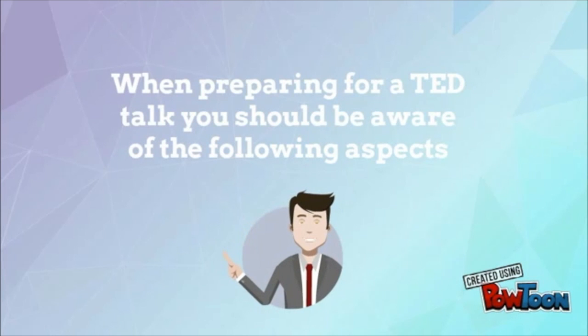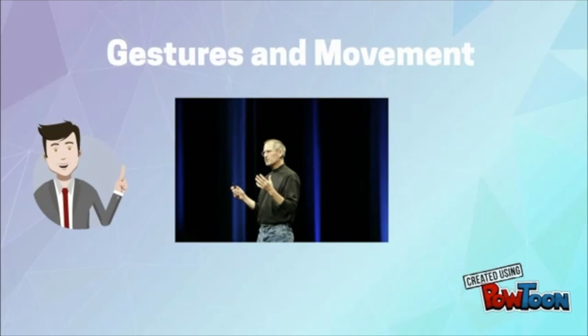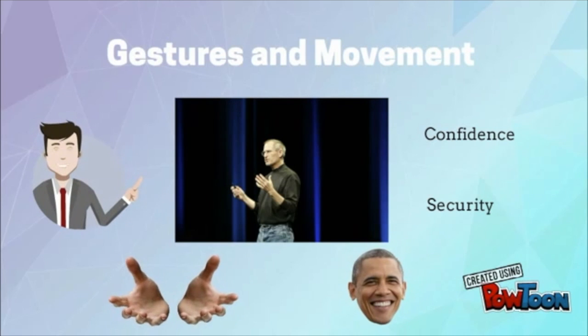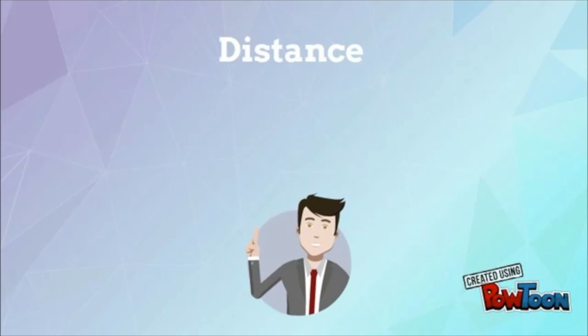So, when preparing for a TED Talk, you should be aware of the following aspects. Gestures and movement. Maintaining a straight posture shows the audience the confidence and security of the presenter. At the same time, it's up to you if you want to use your hands and/or face to make emphasis or to make a point about something. Distance.